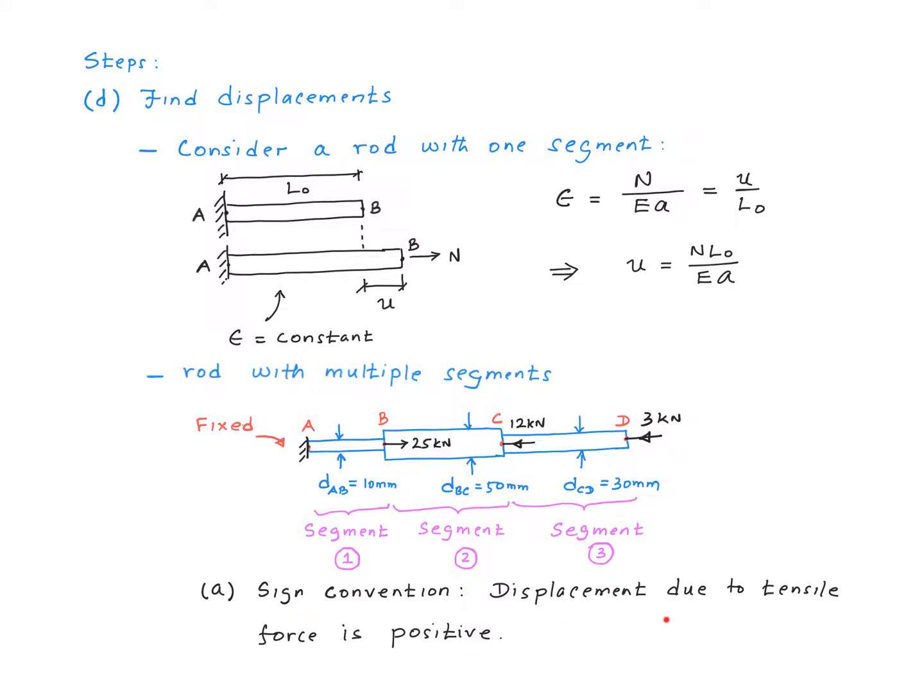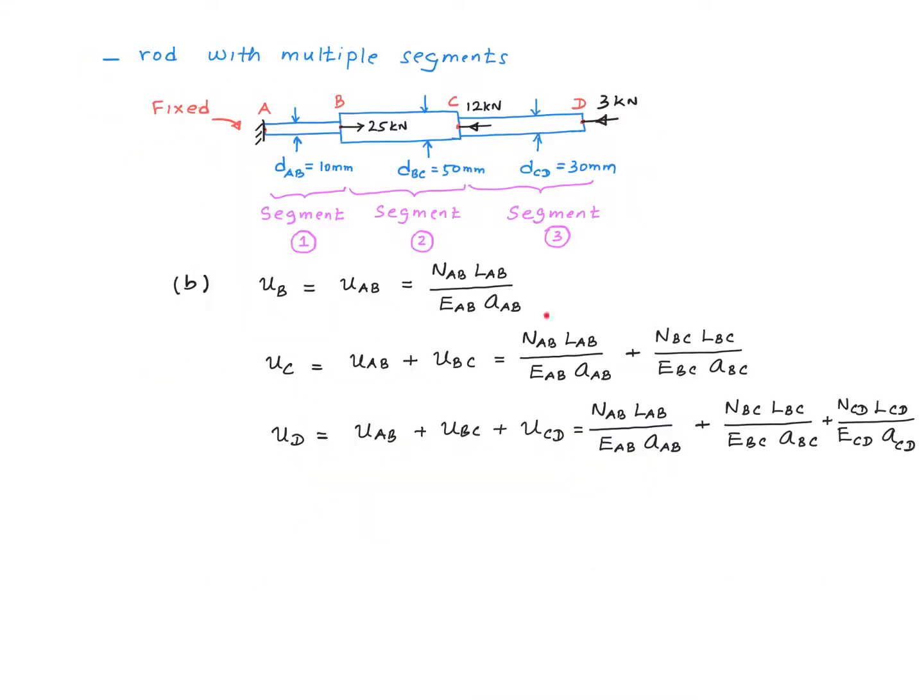So we need a sign convention here. Let's say the displacement due to a tensile force is positive, alright? In other words, extensions are positive, compressions are negative. So here are the equations for calculating the displacements of these key points B, C, and D. Displacement of point B is simply equal to the deformation of the segment AB, which is NAB times LAB divided by EAB times AAB.